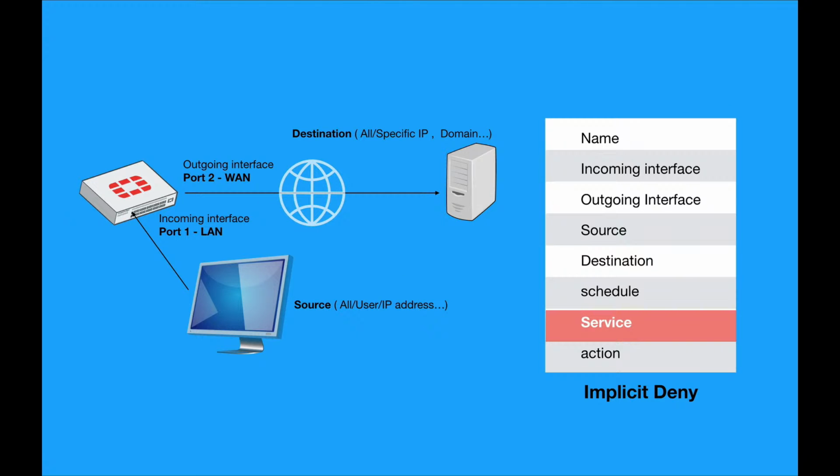The next thing is service. Service, that is, which protocols are being used in your firewall rule. Are you using only HTTP, HTTPS, and DNS, that is port 80, port 443, port 53, or are you allowing your employees to get out to just about anywhere using any protocol out there, including FTP, SSH, and so on?